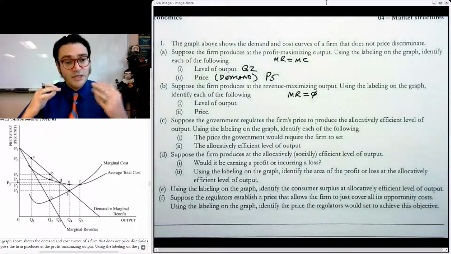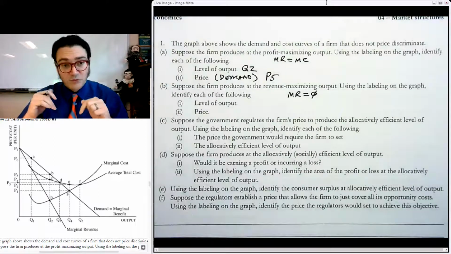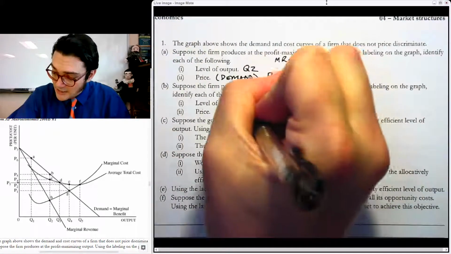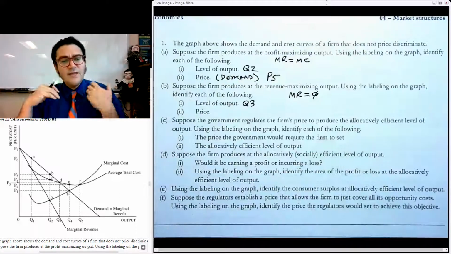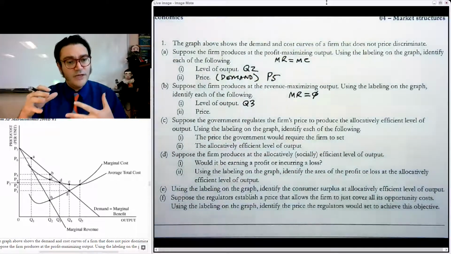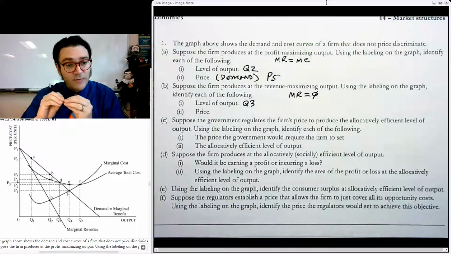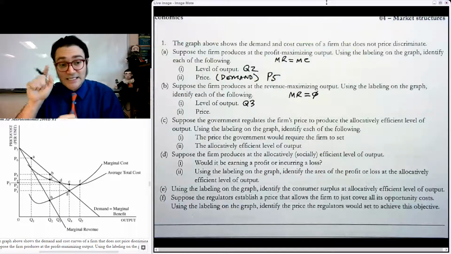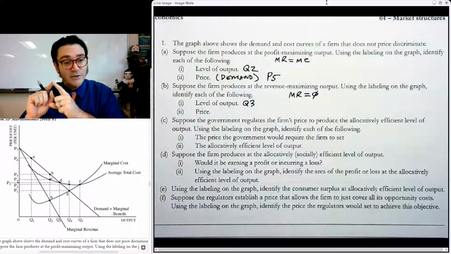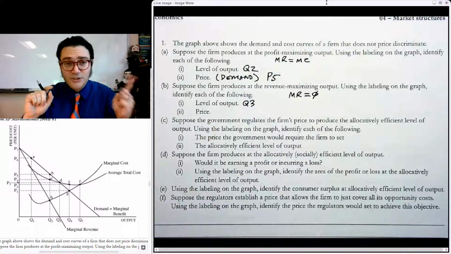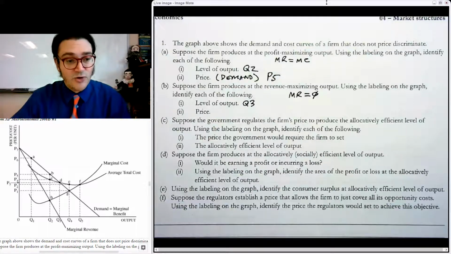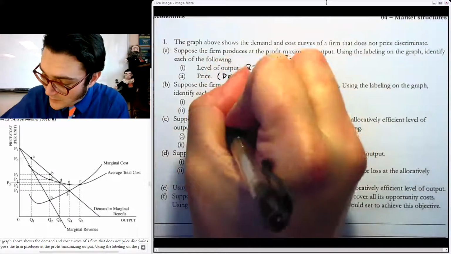And so that's going to be right at Q3. If you look at the graph right below, they cross at Q3. And if the firm has to produce Q3, they're going to go up to the demand curve and price from there. So if we go up from Q3, we notice it's at point D on the demand curve. And then we go over to the price and we should see P3 is the price at that level.